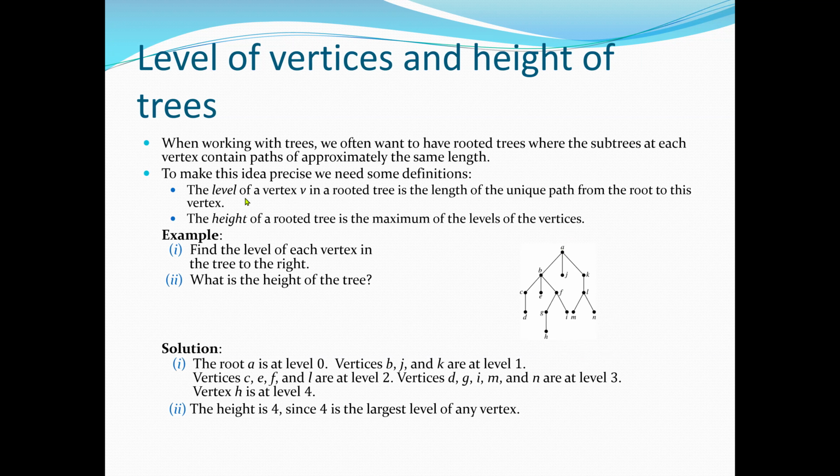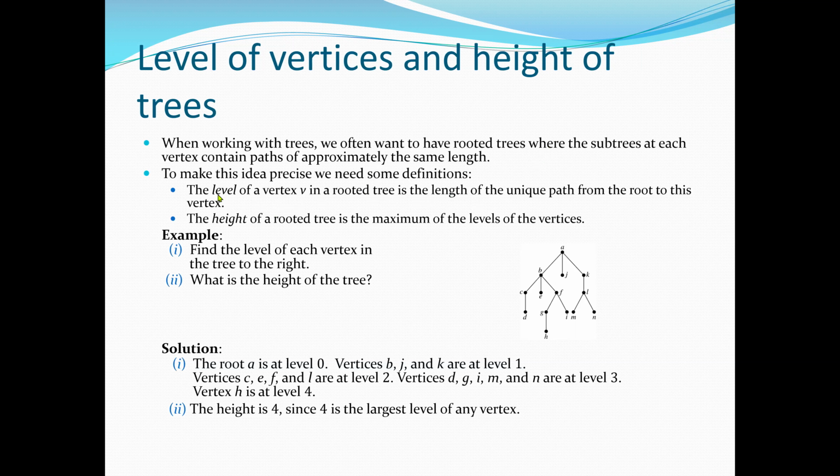So here they say when we are working with trees, we often want to have a rooted tree where the subtree at each vertex contains paths of approximately the same length. Now, to make this idea precise, we need some definitions.